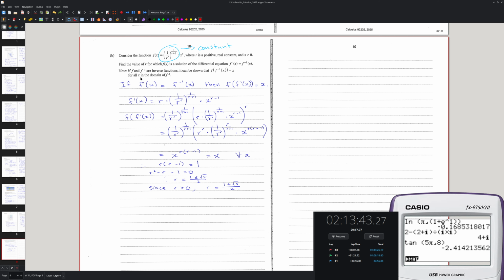Oh wait, no, they just asked for R. It's just the golden ratio. So I didn't need to do the last bit, but you do need to check that. Okay, so this last one is pointless.